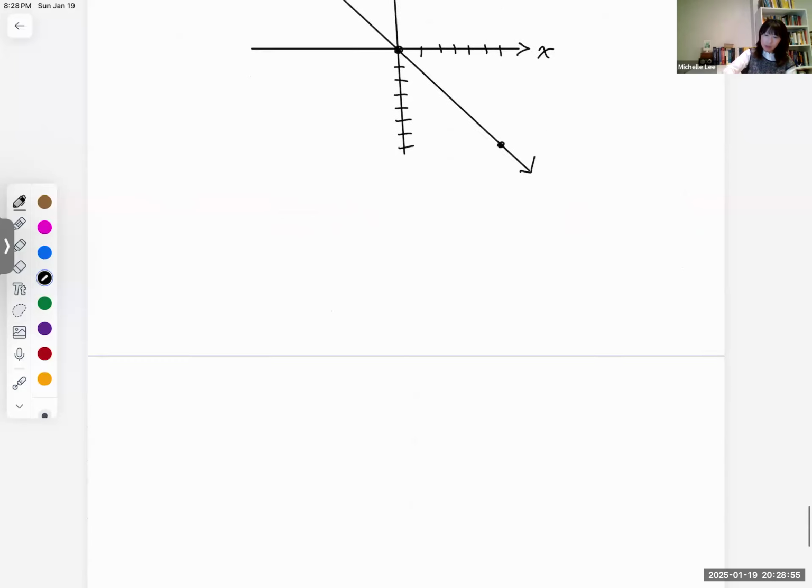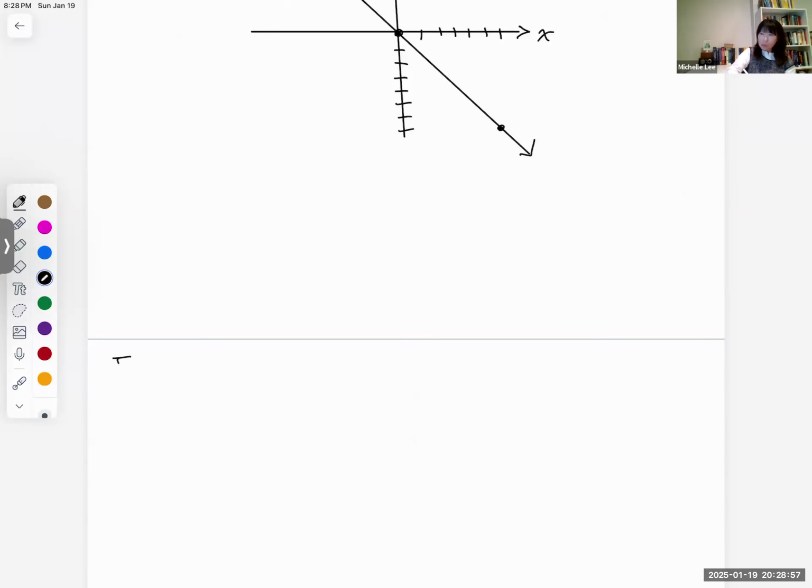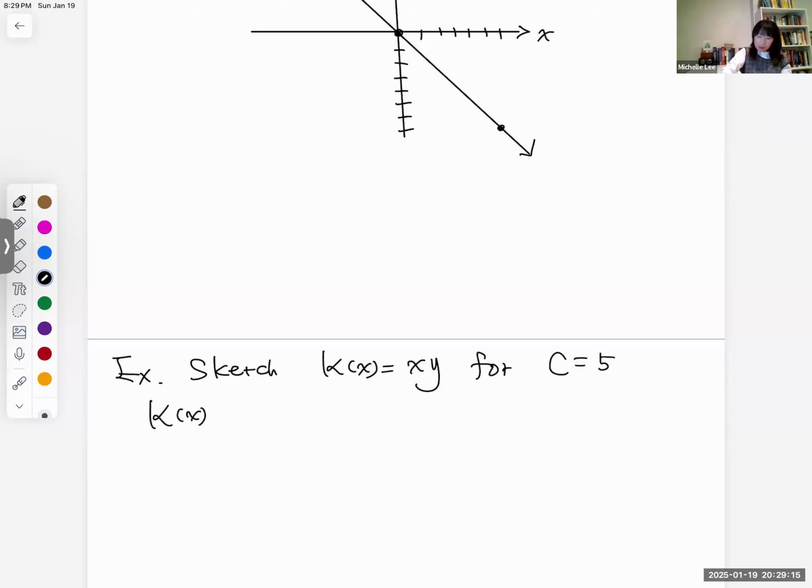Let's sketch k of xy equal to xy for c equal to 5. So let's make k of xy equal to c, which is 5 equal to xy. Let's solve for y.